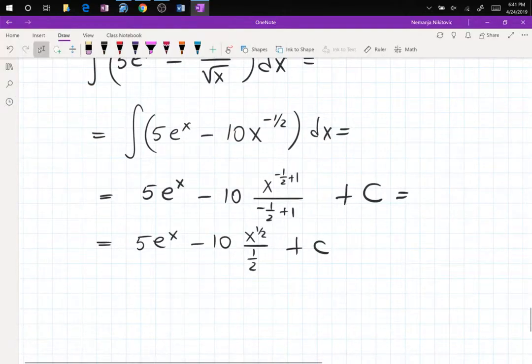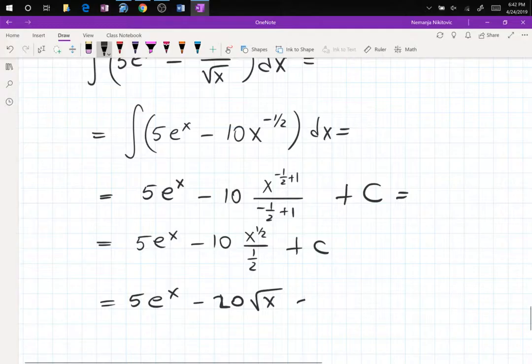Now this half from the denominator goes up as a 2, so that makes it a 20. So we have 5e to the x minus 20. There we go. You can put square root of x if you want to, that's the boss level. And there you go.